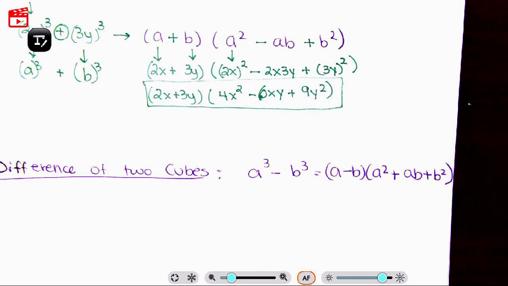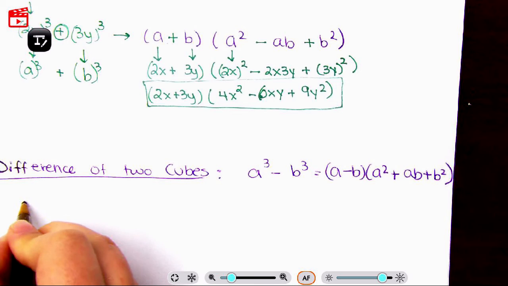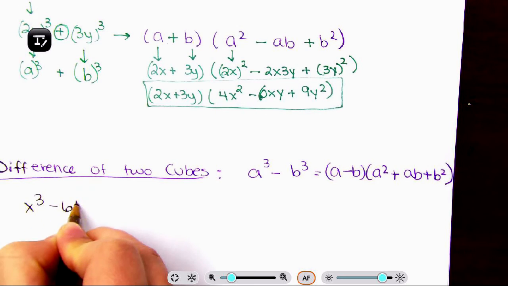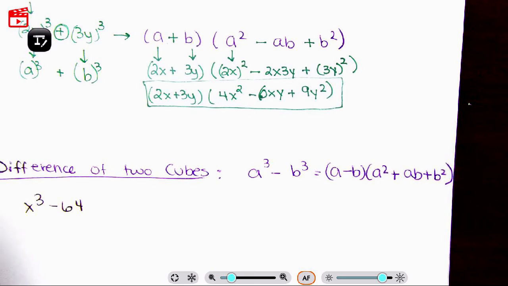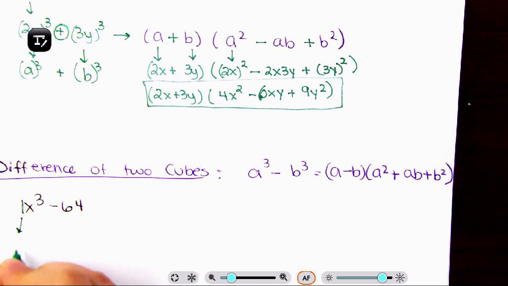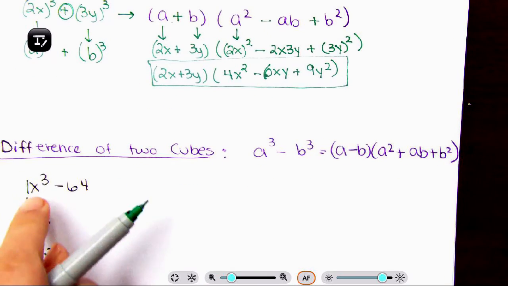So let's do something a little bit more doable. Let's do x cubed minus 64. So I know x cubed, we just have 1 in front. So you can do like 1 cubed, x cubed, but you're just doing what you originally have.